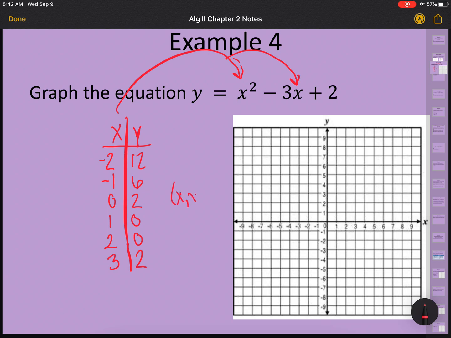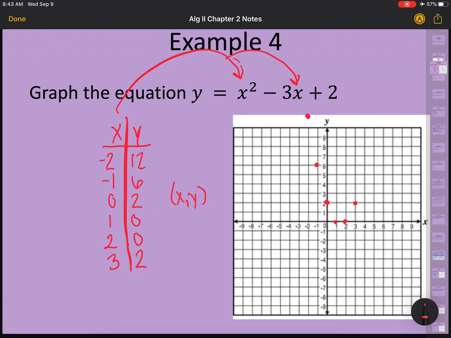So again, these are points I can graph. -2, 12 is going to be clear off of my graph. -1, 6 is on the graph. 0, 2 is on there. 1, 0, 2, 0, and 3, 2. Here a pattern starts to come on.